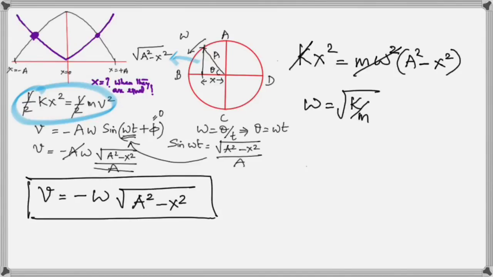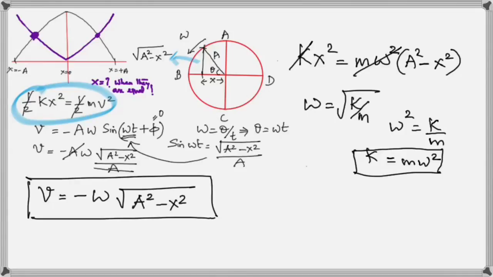Did we get that not so long ago? Which means omega squared is, which means k is the same as m omega squared. Can you let me please cancel those two with your permission? Thank you.